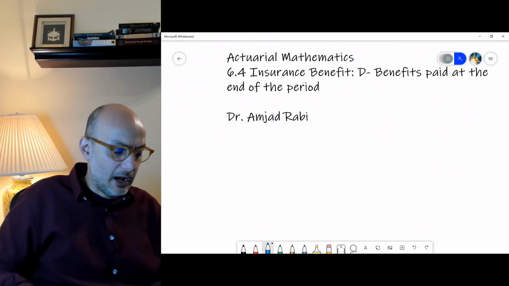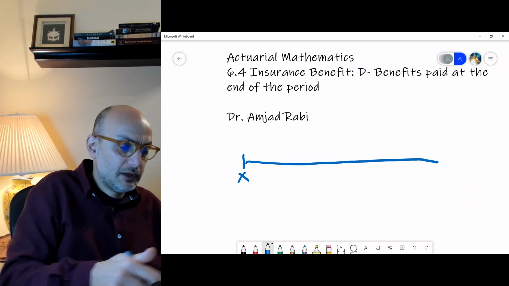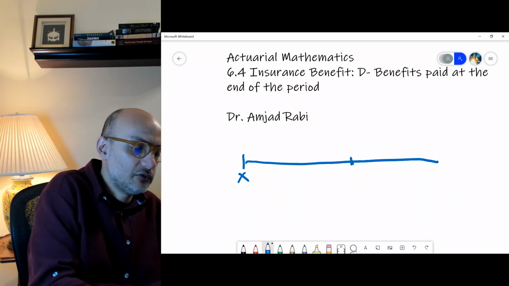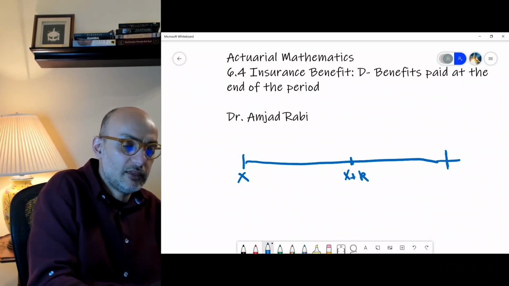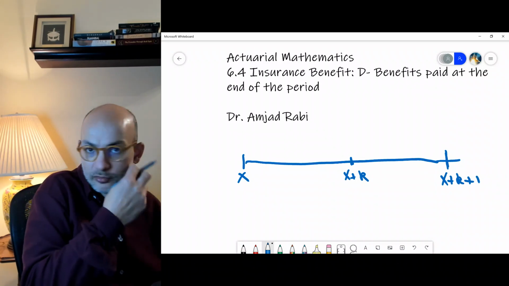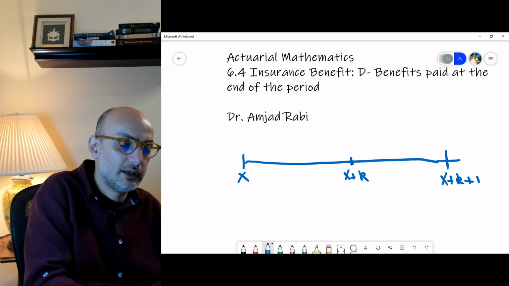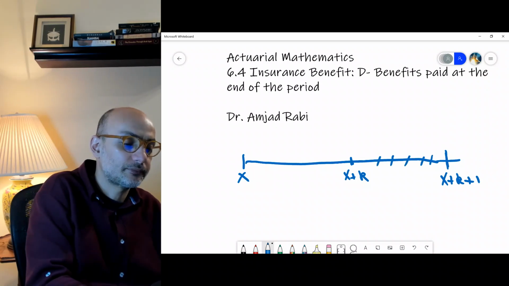So the idea here is you have an insured person, age X, who survived to X plus K, and then the death happens within the Kth year, so between K and K plus 1. So the age will be X plus K and X plus K plus 1. Death occurs here.